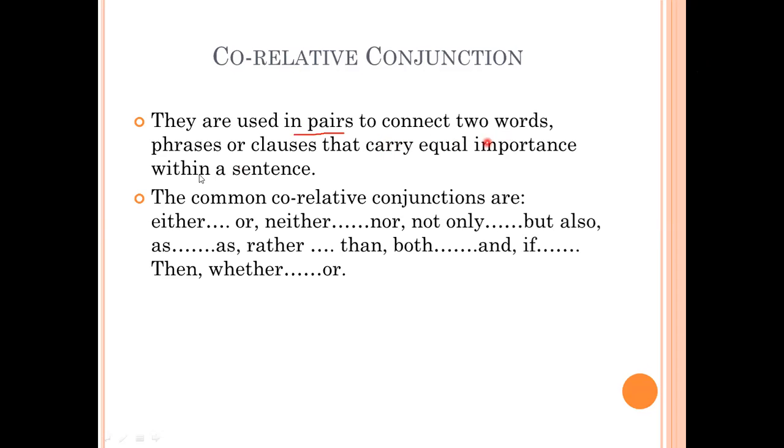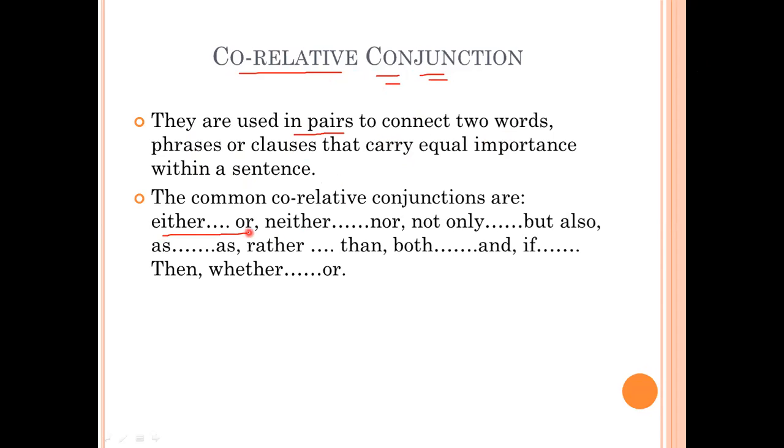To connect two words, two phrases, clauses that carry equal importance within a sentence. So here, the correlative conjunctions, they refer to the sentences or the clauses which are of equal rank, like coordinating conjunctions. Okay.